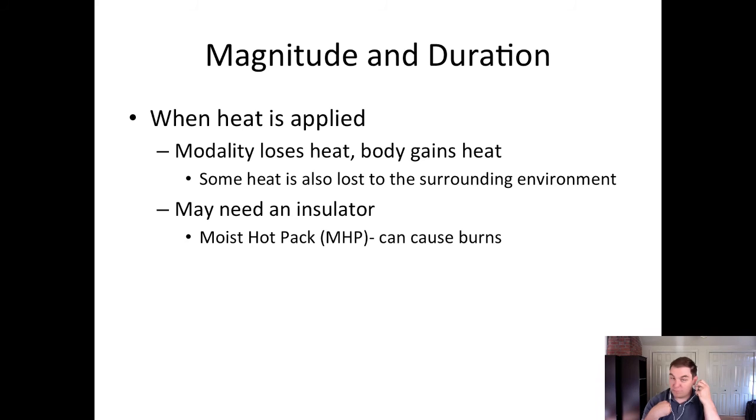I have seen this. I personally have not done this, but I have seen this at an institution that I've worked at. One of the athletic trainers did not layer properly and actually caused a little bit of a burn to a patient.